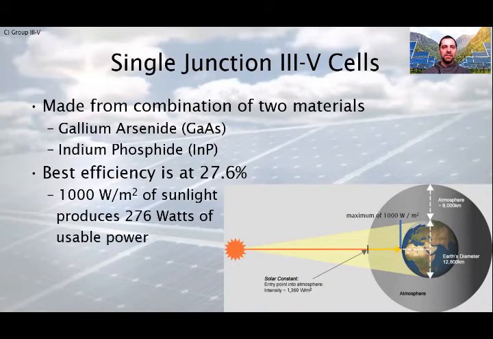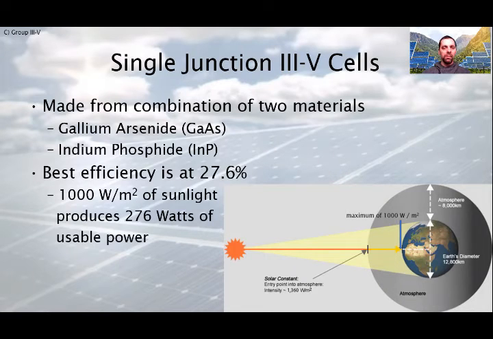But first, let's see the single junction cells. These cells are made from a combination of two materials, gallium arsenide and indium phosphide. In research tests, the best efficiency is 27.6%.